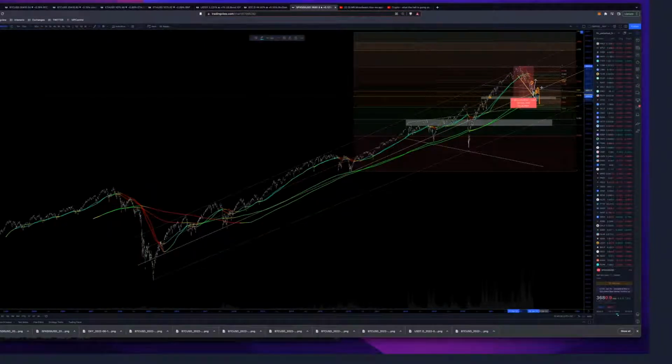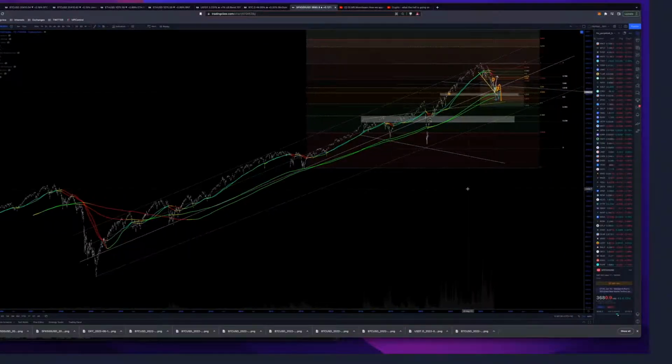I think we're in a much worse situation with the mass printing. Quantitative easing? Well, I'm not sure exactly what the words were. Quantitative, that's right. Quantitative easing. So I do see potentially, at the minimum, that we get to here. At least the bottom of this channel.